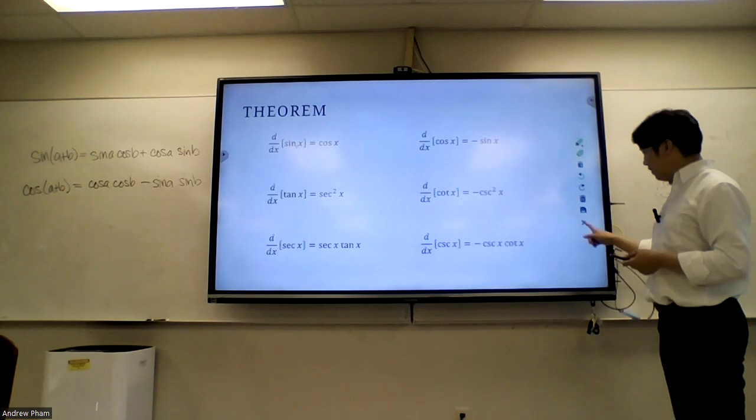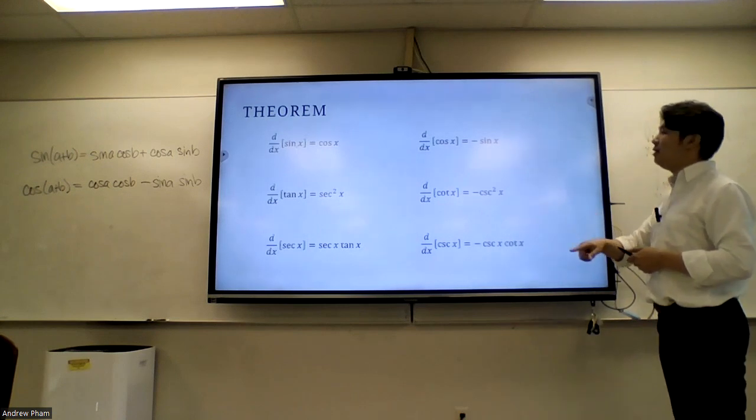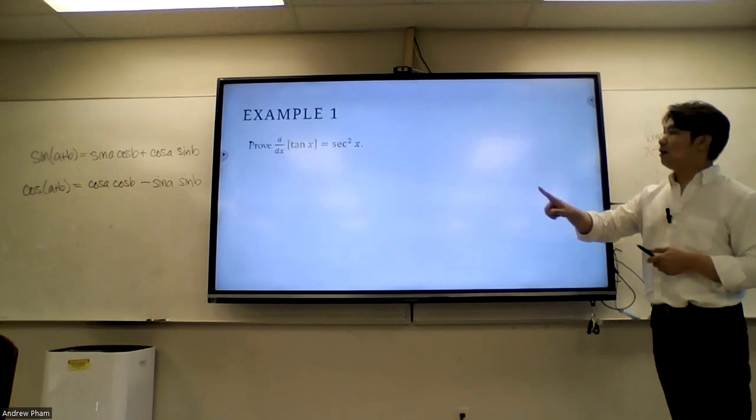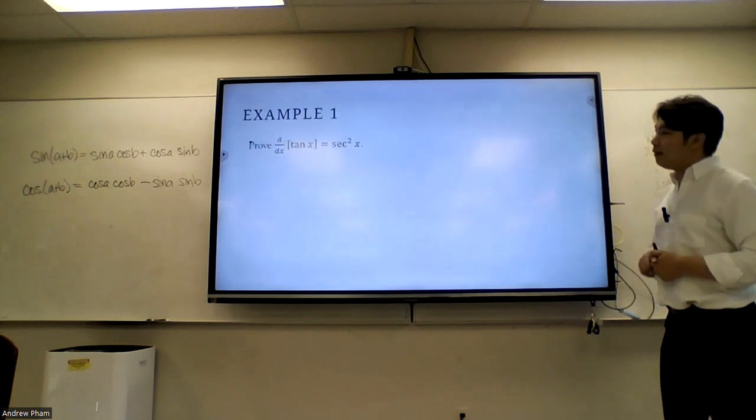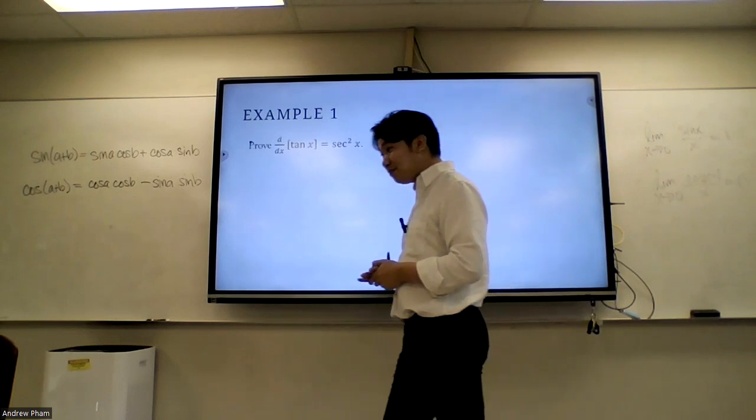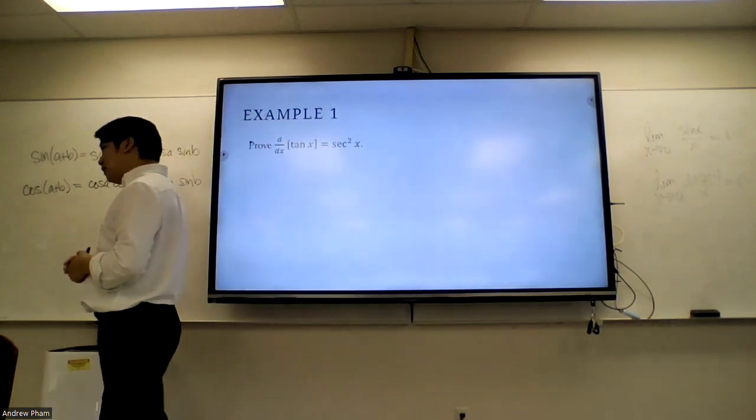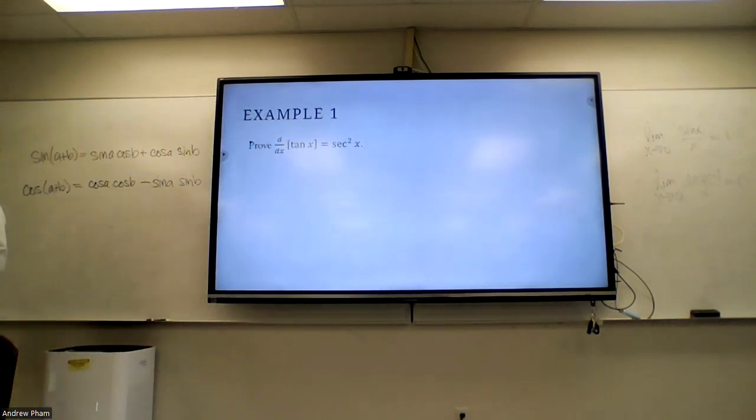All right, so hopefully you have these down. Let's go ahead and do an example. Let's go ahead with a little bit of a proof first. Prove to me that the derivative of tangent of x is equal to secant squared of x. And I claim you can do this without the limit definition.